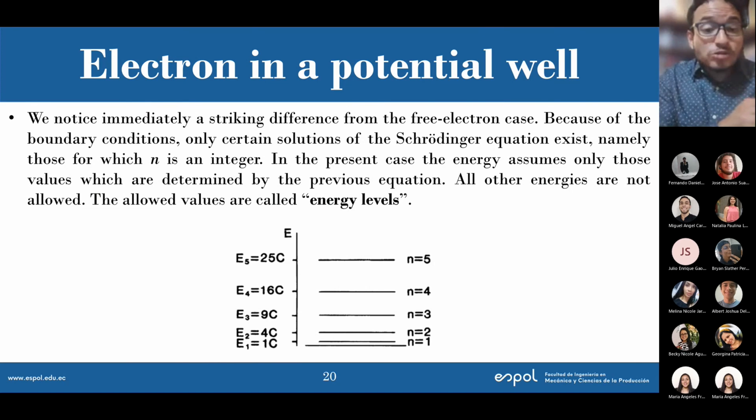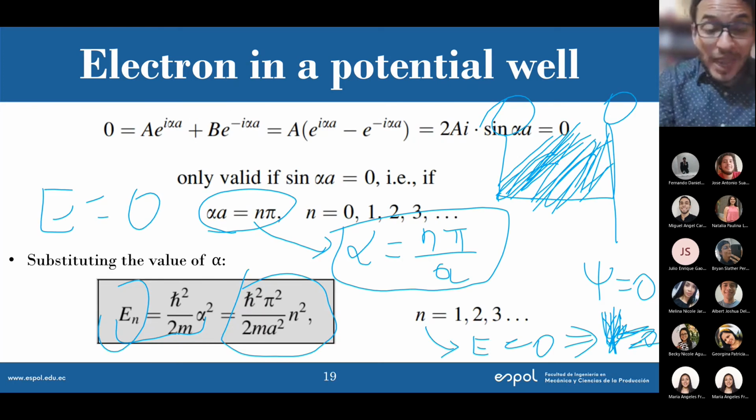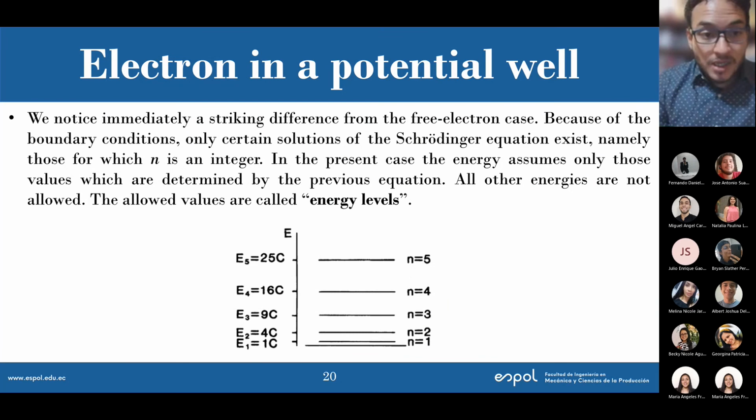Basically there will be solutions only when n is an integer, right? That means the energy now assumes only those values that are determined by n as an integer. All other energies are not allowed.